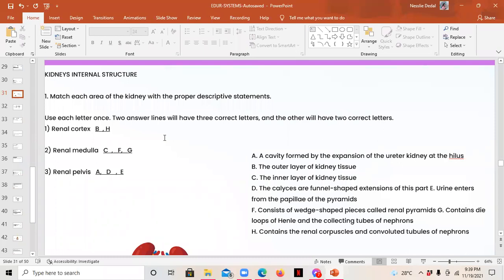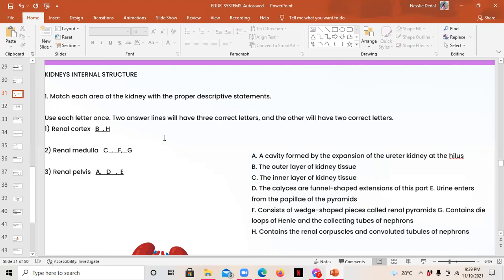Number 1. Match each area of the kidney with the descriptive statement. Use each letter once. Two answer lines will have one correct letter and the other will have two correct letters. Renal cortex: letter B, the outer layer of the kidney tissue, and letter H, contains the renal corpuscles and convoluted tubules of nephrons.